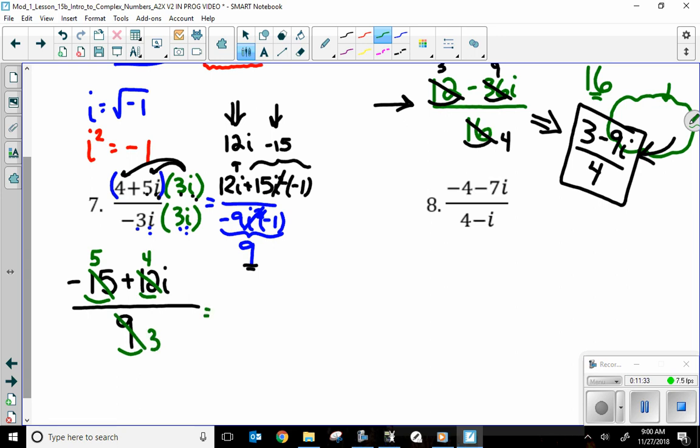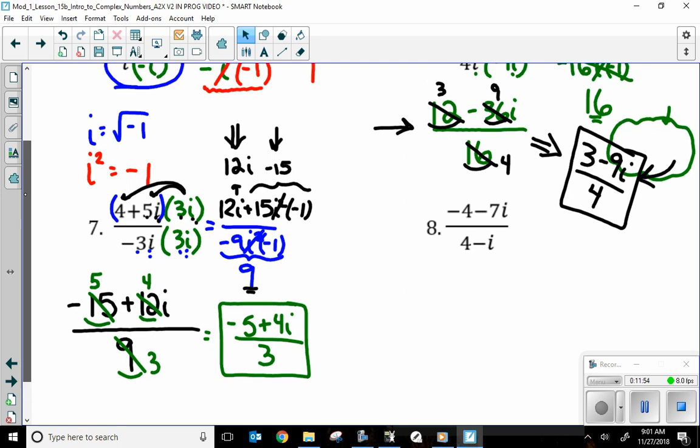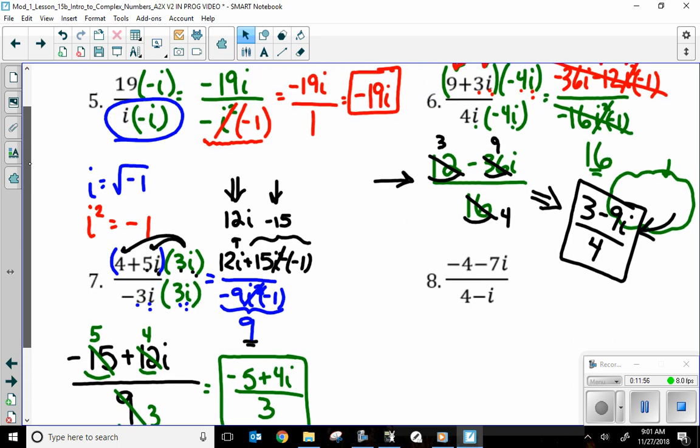So when I rewrite that in simplest form, negative 5 plus 4i all over 3. Mamma mia, that's a good sauce. All right? And it's weird what we started with and what we ended up with. Don't try and make sense of it. Sometimes it happens where it's funny like that, and sometimes it doesn't. All right?